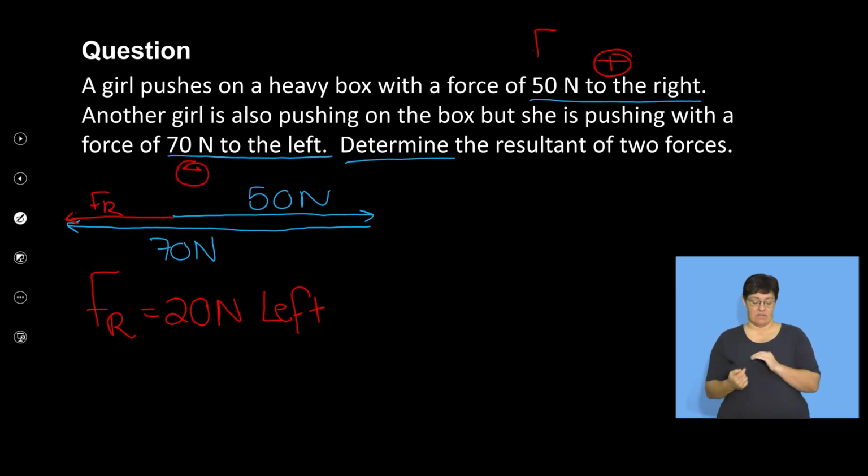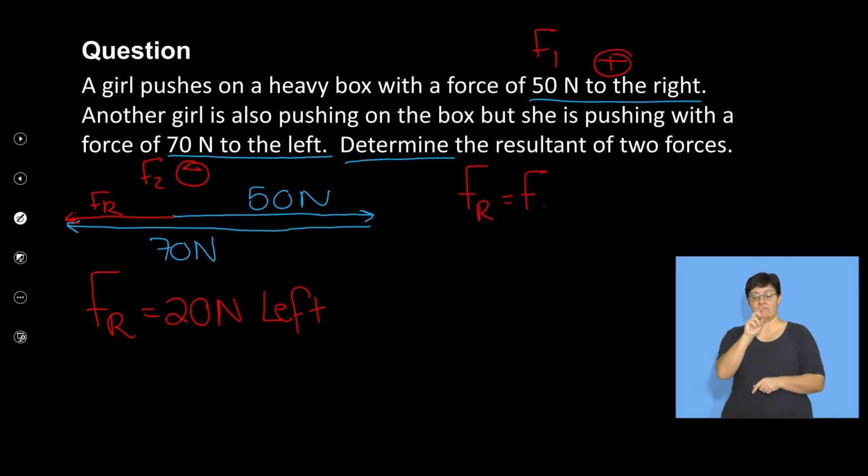This is my first force. This is my second force. So when I do the addition, my resultant is my first plus my second. My first is 50. My second now becomes minus 70.